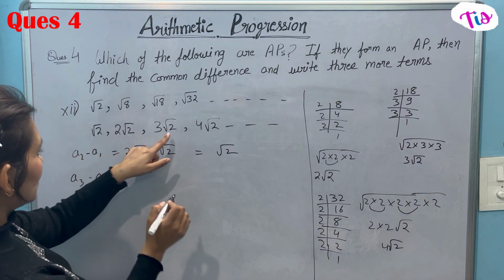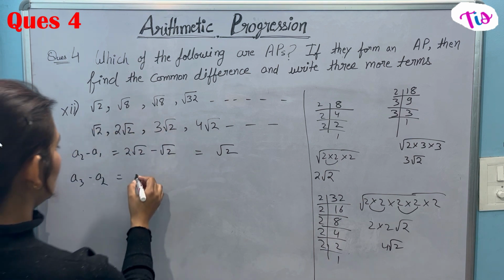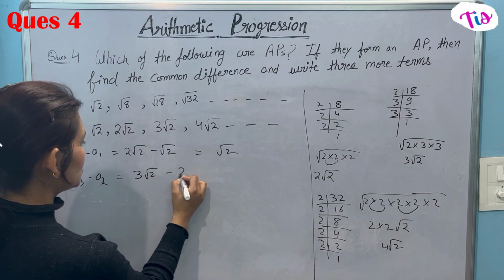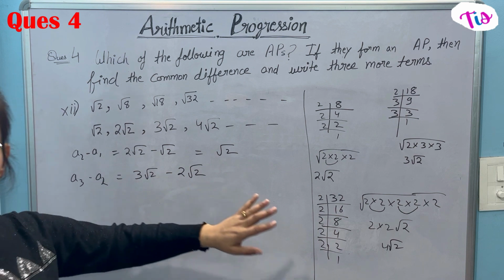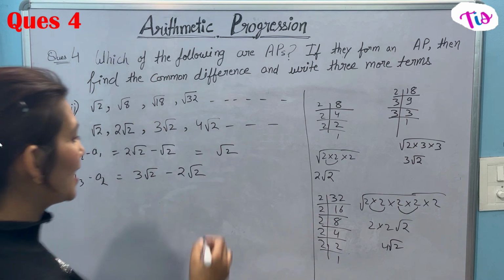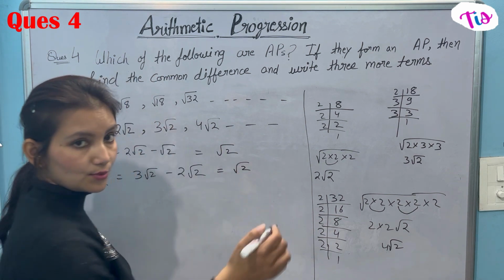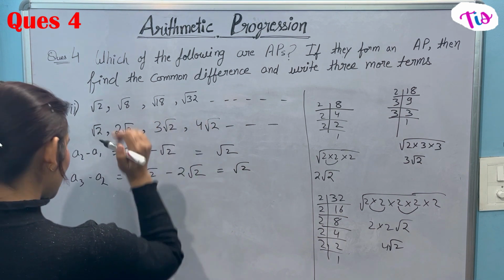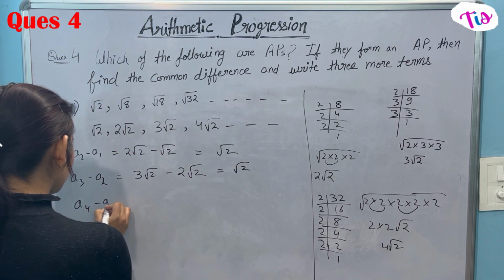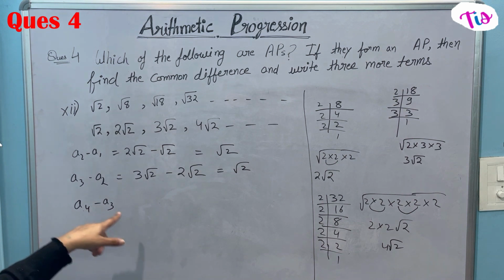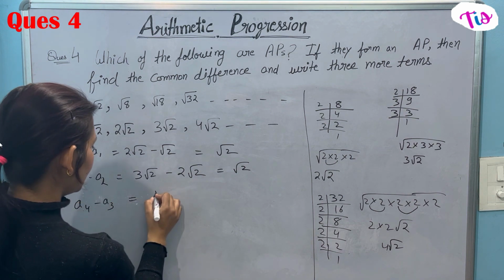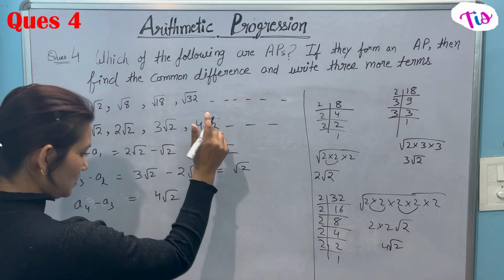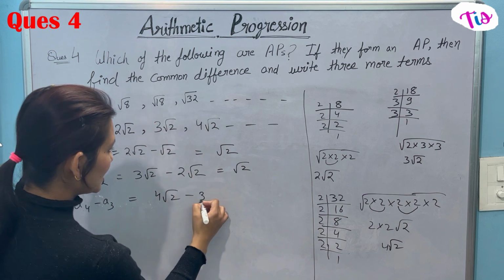What is A3 here? A3 is 3 root 2. 3 root 2 minus 2 root 2 is again root 2. Then A4 minus A3. A4 here is 4 root 2, and 3 root 2 is A3.